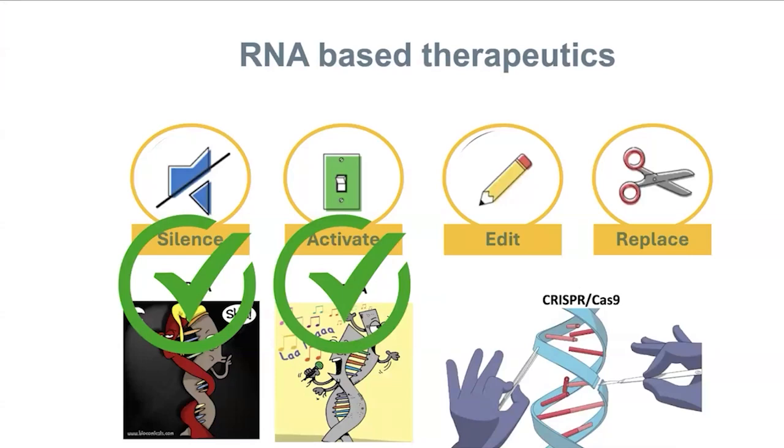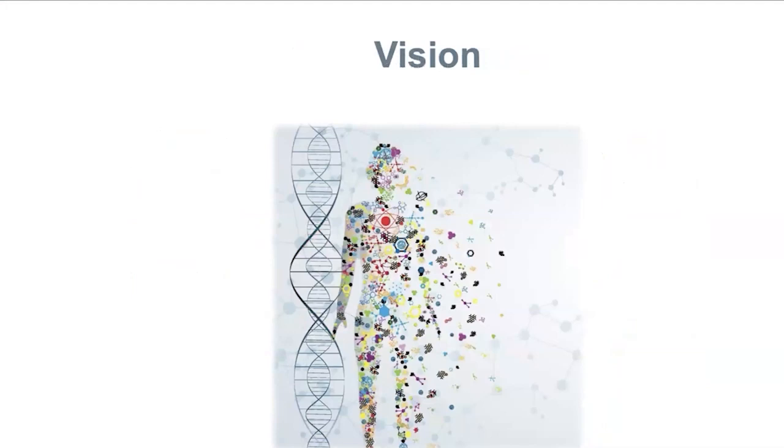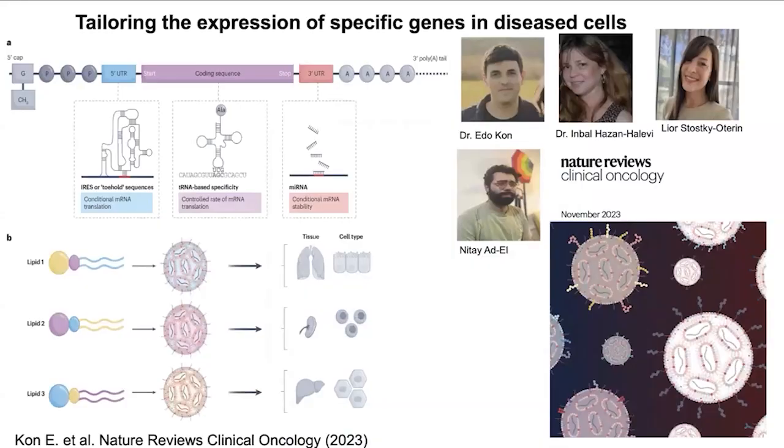We know how to silence genes with RNA. We know how to activate them. We know how to edit our genome with RNA, and hopefully in a very near future, how to replace genes. As a vision, we are living in a revolution. And here we're going to hear a lot of examples today about purity, about the importance of being able to control your analytics, which is very, very important.